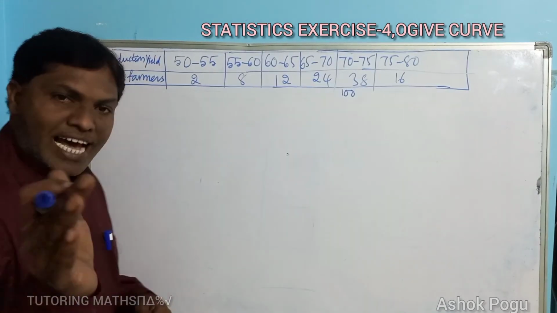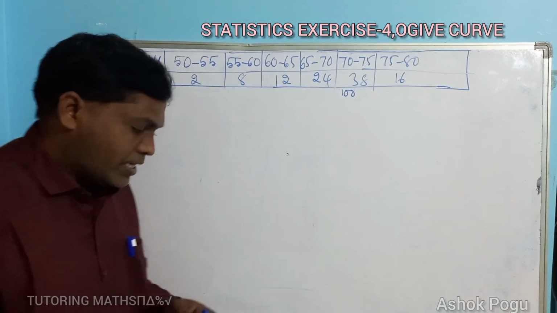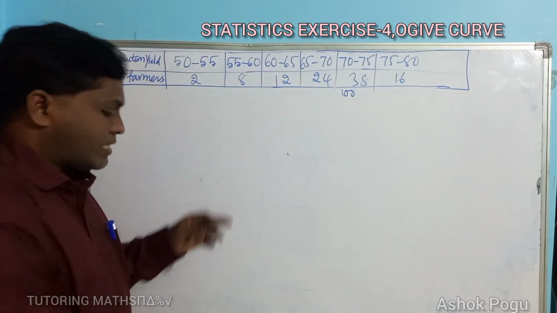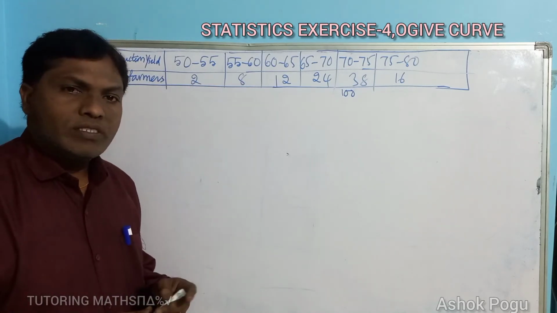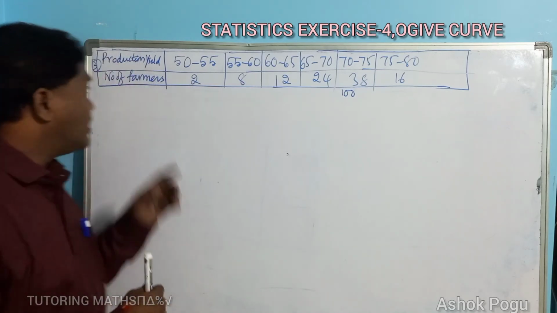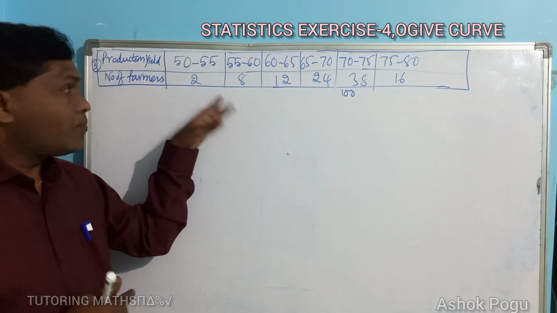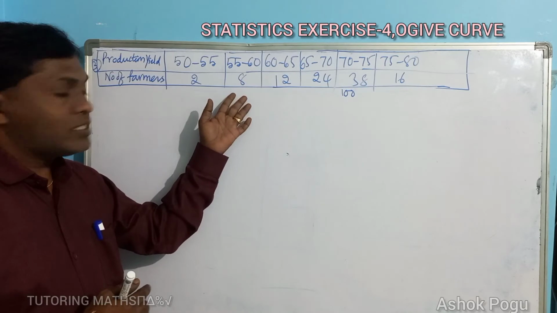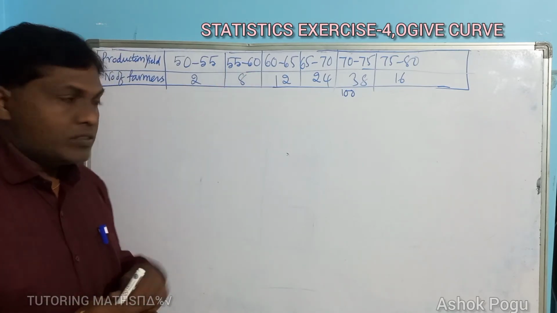Now the last question of this exercise, it's the third question. This is the data about the crop, that is in hectares, and the number of farmers. How many farmers have cultivated the crop in hectares that they have given.